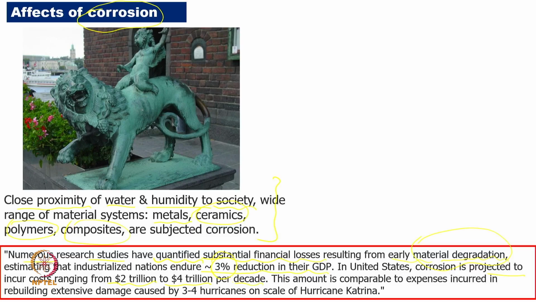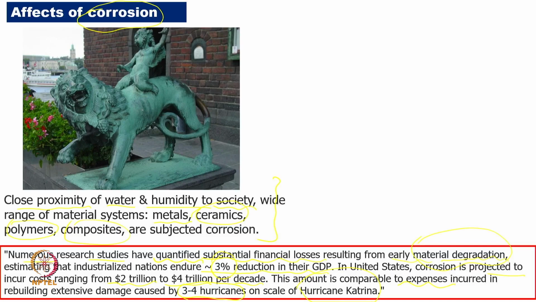So, this is the cost of financial losses because of corrosion, and they have given a comparison that whatever expense happens over 10 years is equivalent to the expenses because of a natural calamity, or a big loss to society, and they have given something like Katrina, which happened in 2005, of the tune of that.